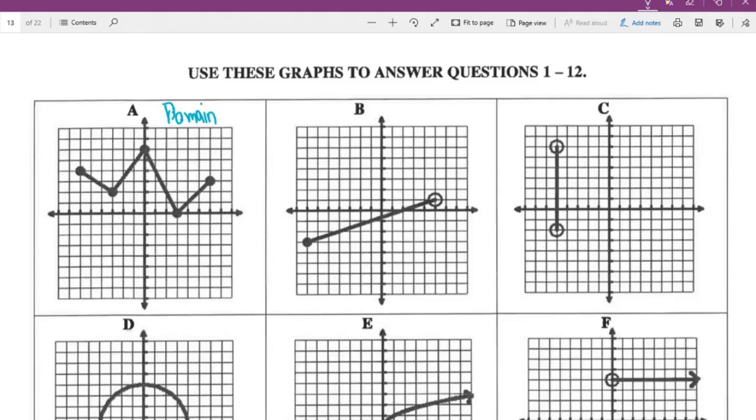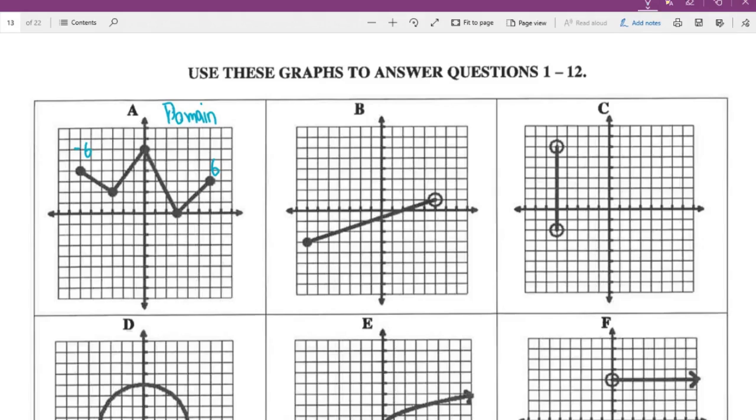So 0, -1, -2, -3, -4, -5, -6. So our leftmost x value on this graph is -6, and for the rightmost value, 1, 2, 3, 4, 5, 6. So our domain is from -6 to 6.